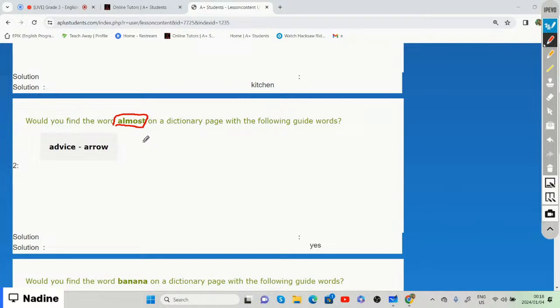We have advice, which is our first guide word, and then we have arrow, which is our last guide word. So the word almost, which is A-L, second letter L, because A is the same. So the second letter L. Do you think that almost comes between those two guide words?